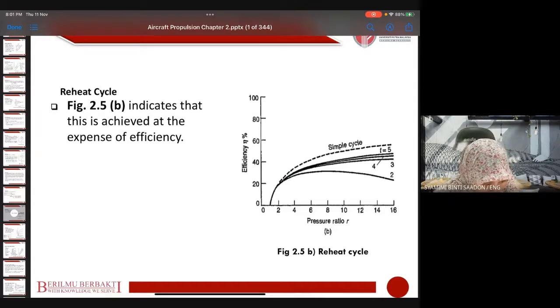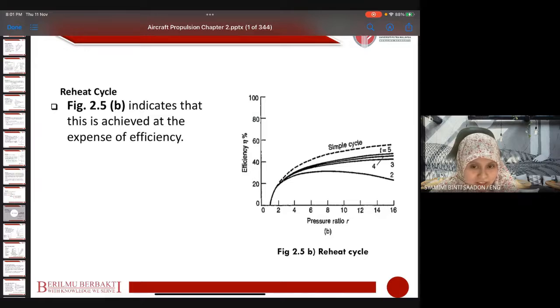So here for cycle efficiency, if we use this reheat cycle, the efficiency drops compared to the simple cycle.